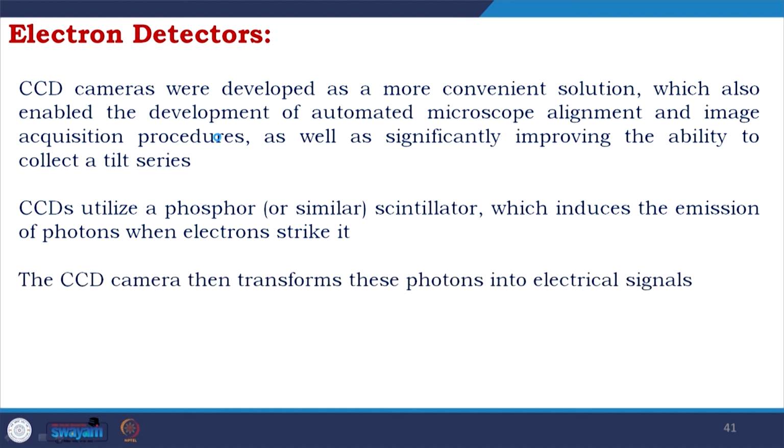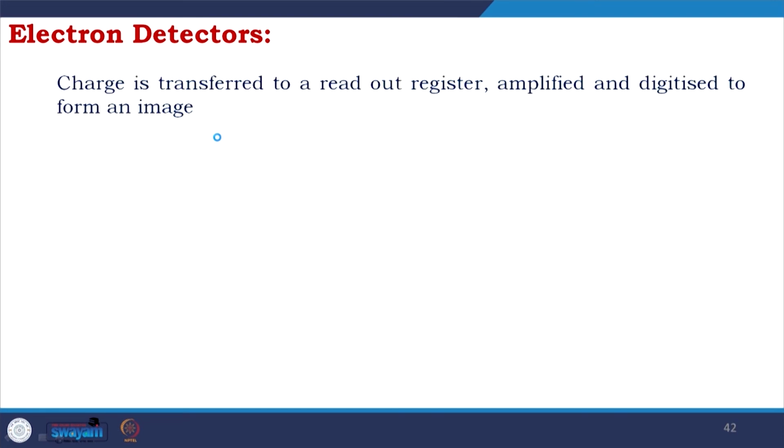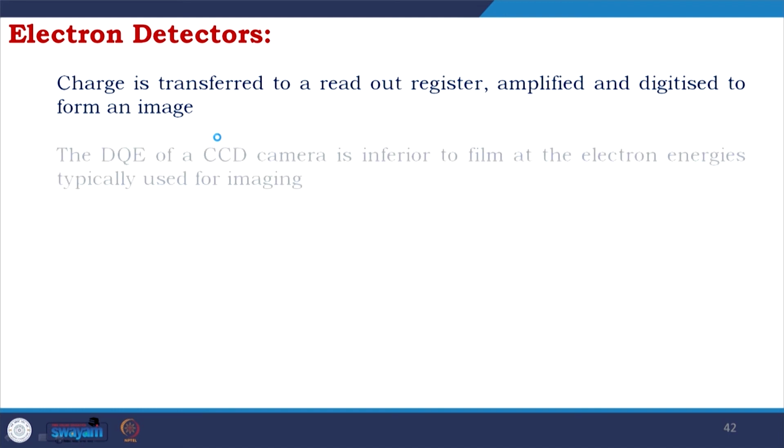The CCD camera then transforms these photons into electrical signals. A CCD chip has an array of photosensitive elements, as I have shown you, in which electrical charge accumulates. Charge is transferred to a readout register, amplified and digitized to form an image.